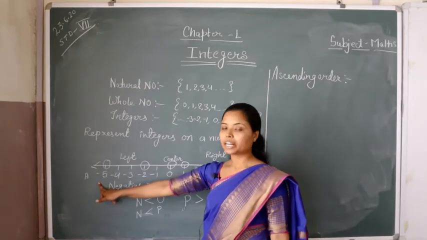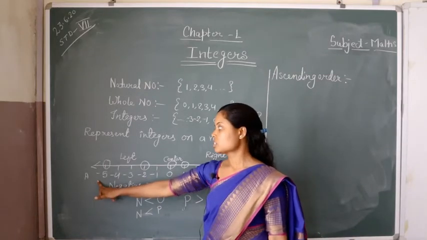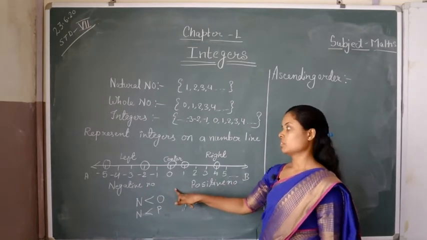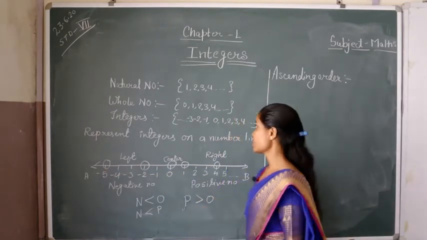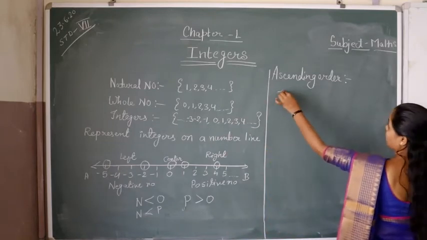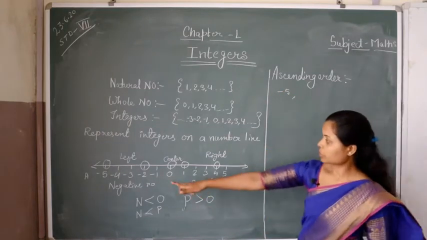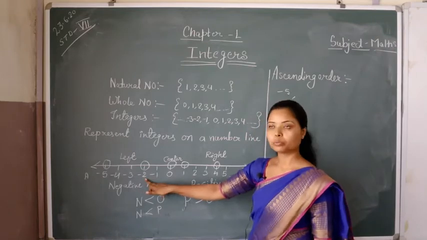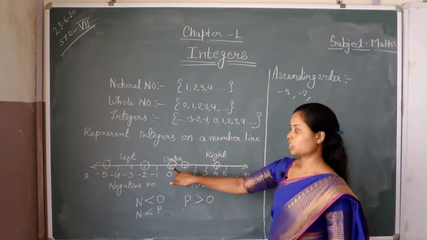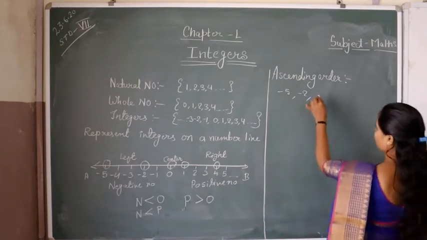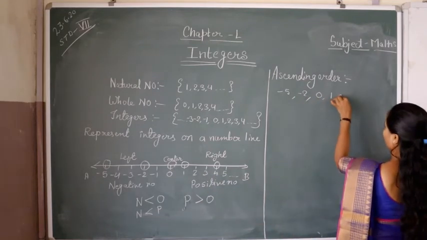So we start writing ascending order from negative numbers. Firstly we marked minus 5. Then look at here, minus 2. Then 0, 1 and 4.